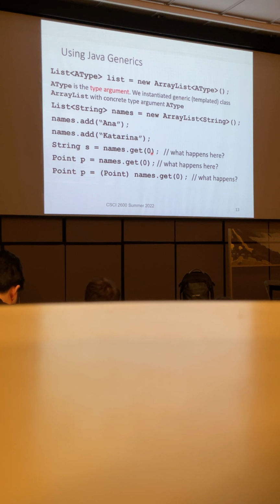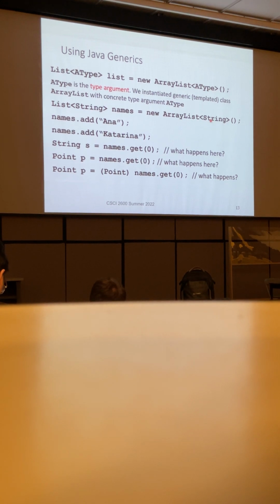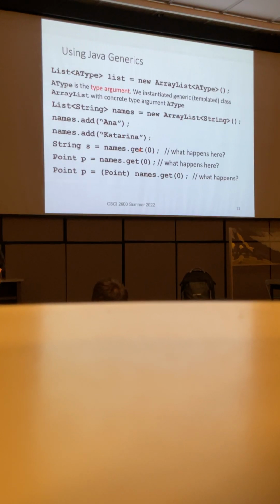Of course, it works equally well for the return types as well. So the get method gets the first element from the list, and the return type of get is also linked to the type parameter, the same type parameter that we instantiated here as a string. So now our get method returns a string. So this first line works perfectly fine. What about this second line?